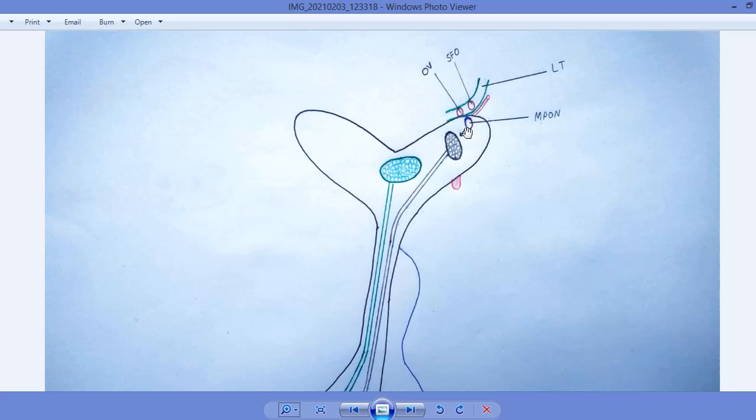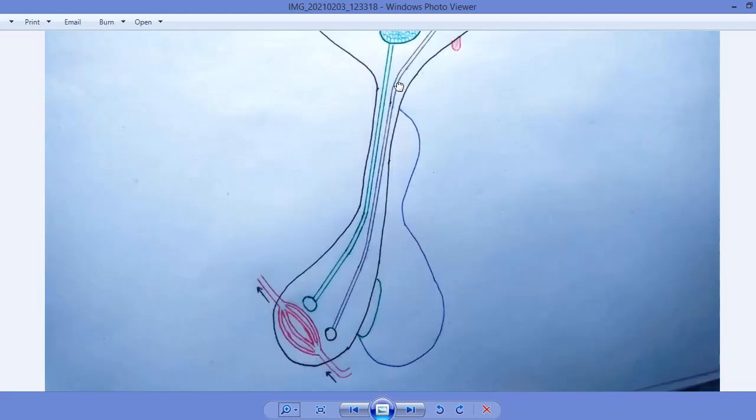It gives a signal to the supraoptic nucleus, and you can see that the supraoptic nucleus is in close contact with the median preoptic nucleus.